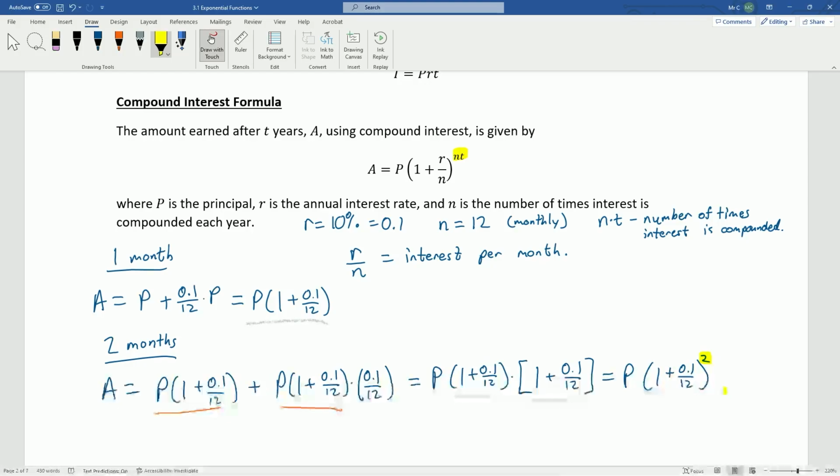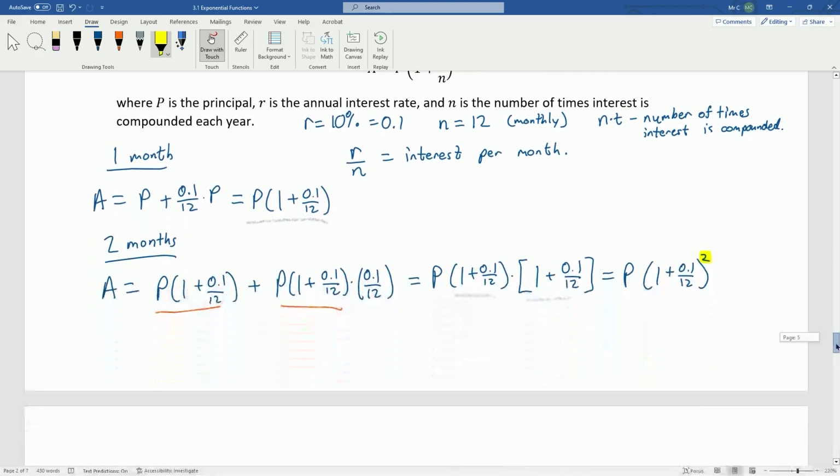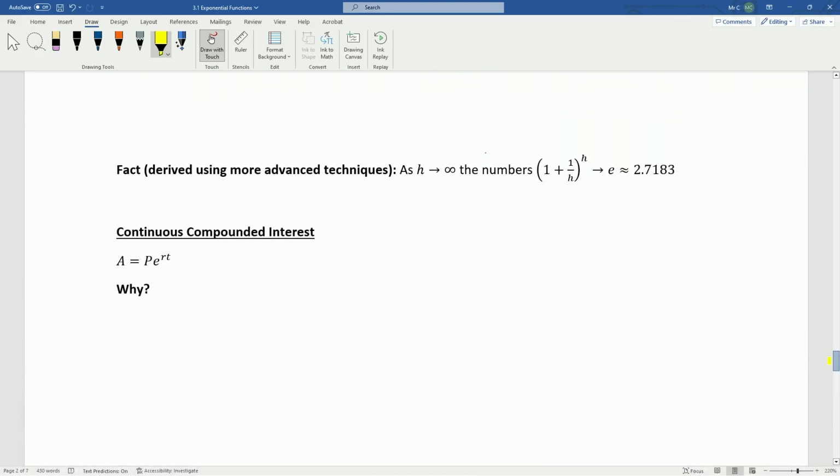Now, again, the reason I wanted to talk about compound interest was to think about where this number E comes from. So the definition for E is actually the limit as h goes to infinity of 1 plus 1 over h to the h power. This expression approaches this infinite decimal that looks like 2.7183.